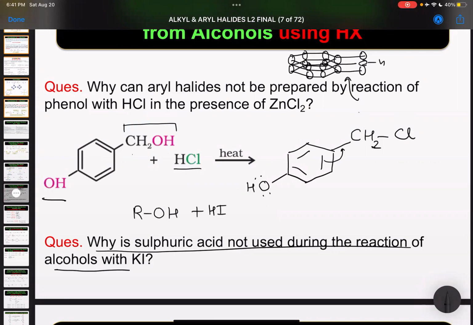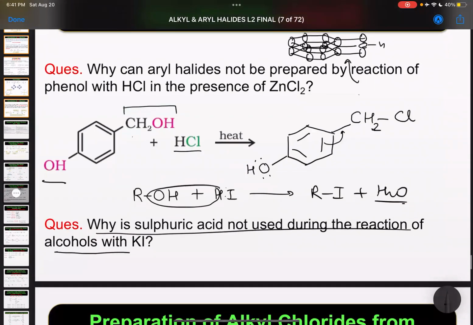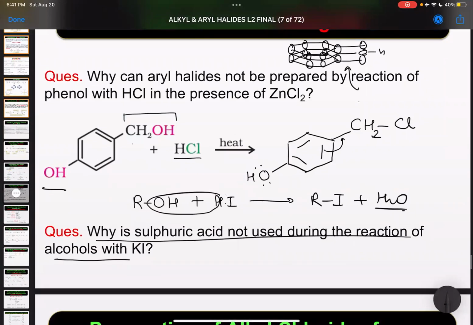So you can't have HI readily available in the lab. So you prepare it. If HI is given, then you will not say that it is not available in the lab. You will just write the answer, whatever is forming, RI plus H2O, right? That's it. But if it is not given, then you need to prepare it. You take some salt of iodide, which is KI.